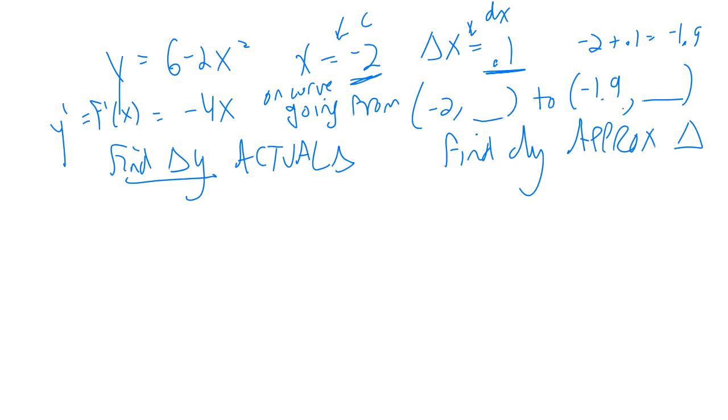If you take -2 and you plug it into your original function, you're going to have 6 minus 2 times 4. So you're going to have the point -2, -2. And if I take negative 1.9 and I square that, multiply it by 2, subtract that from 6, I'm going to get negative 1.22.